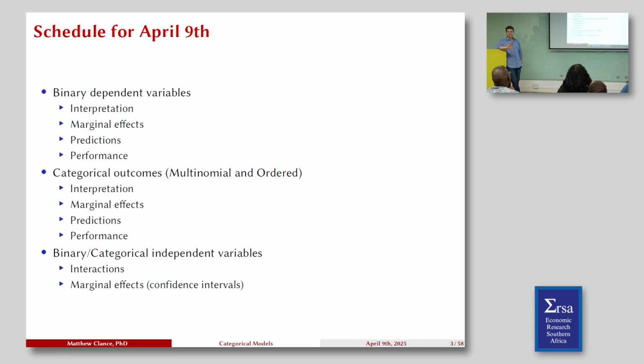In terms of the ordered model, there are some outcomes that we could order, for whatever purposes, in a way that most people would agree on. Those take two different types of equations, but we'll also look at those interpretations, the marginal effects, prediction, and performance again.